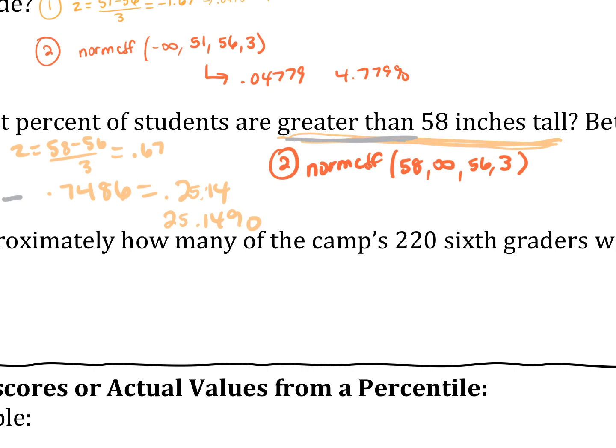All right, calculator. And then what was this, 56 and 3, and okay. All right, so that gives us 25.2492%. Okay, Ian, you good with how to plug in on the calculator?